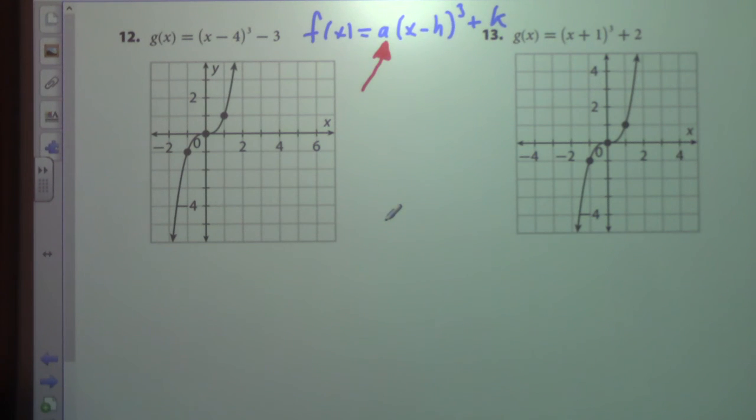To the right and 3 units down. Is it translated 4 units to the right? Okay, 4 units to the right. Are you on board with that? Would that be a translation 4 units to the right? Yes. Ash, is that right?